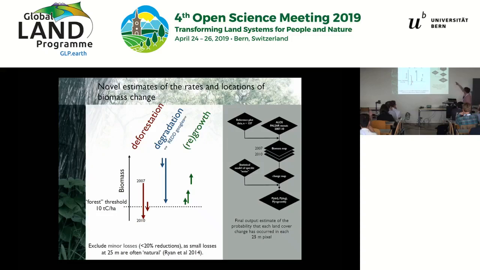If you cross that line between two dates, that's deforestation. If you lose biomass but don't cross that line, that's what in REDD+ terms you would call degradation. It doesn't always mean that the ecosystem isn't useful or productive, but that's from a carbon perspective anyway, degradation. Then regrowth is anything where the biomass is going up and it was a forest, in inverted commas, to start with.